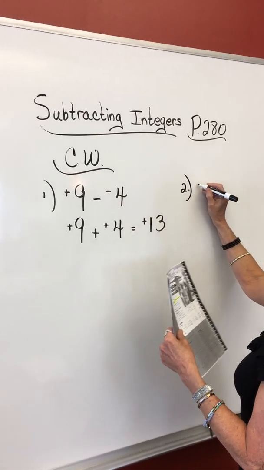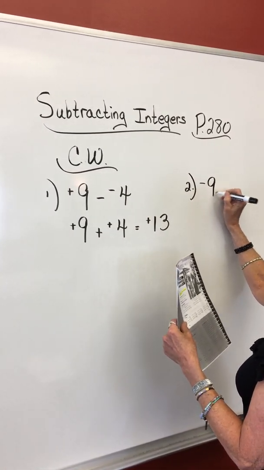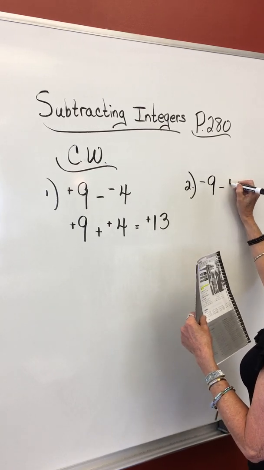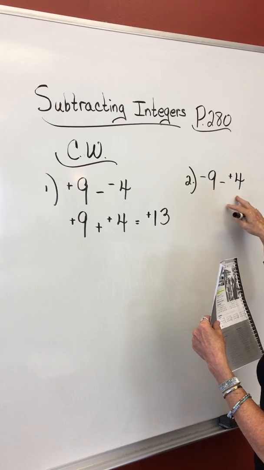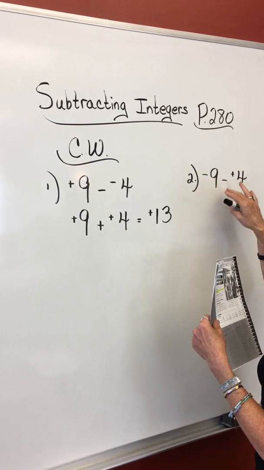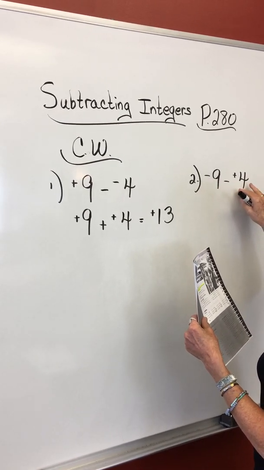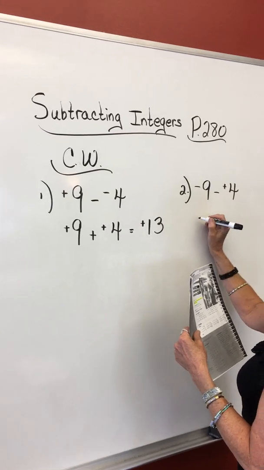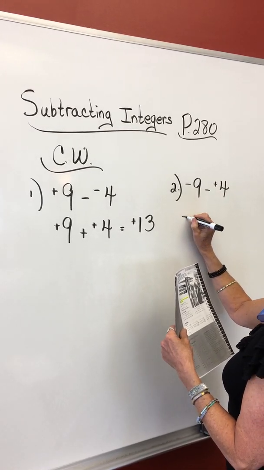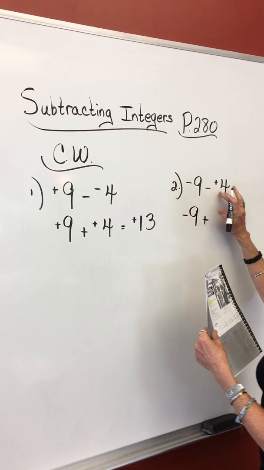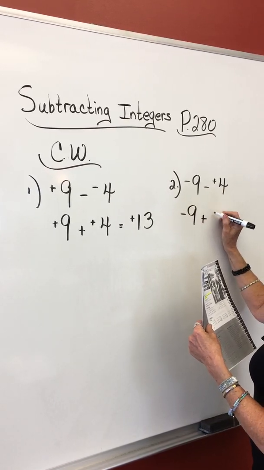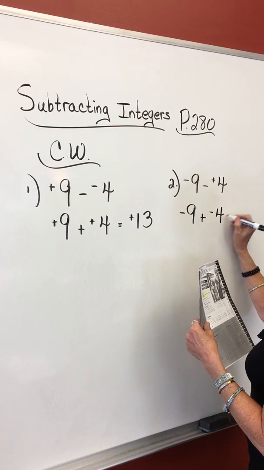Let's do number 2. We have negative 9 minus a positive 4. Well, that's interesting. We still have those numbers, but if you notice, now we have negative 9 and a positive 4. Let's see how the answer changes. So we're going to change this to addition, add the opposite or additive inverse, which would be negative 4.